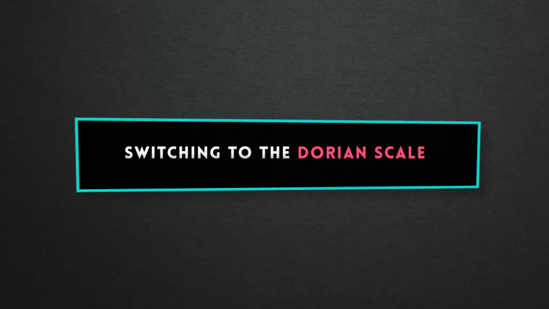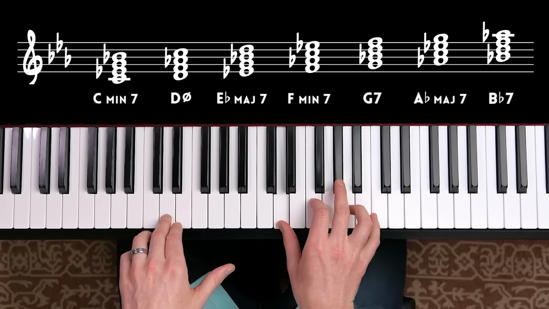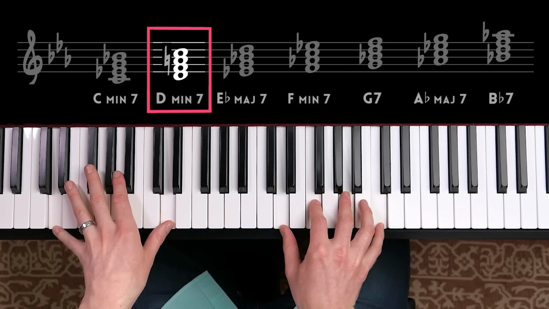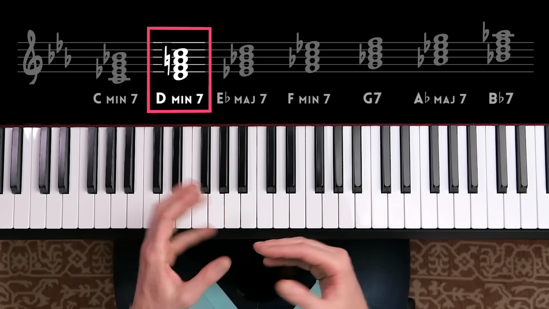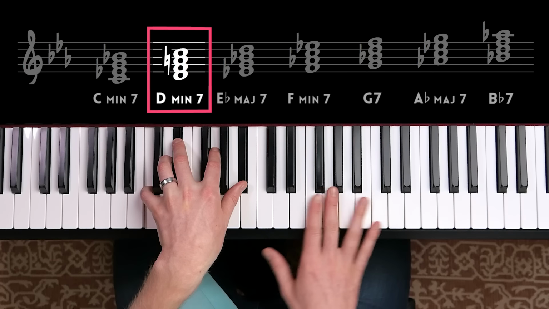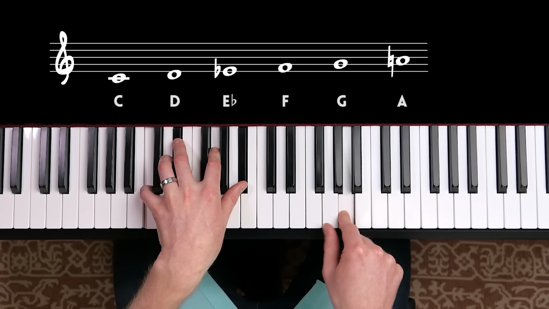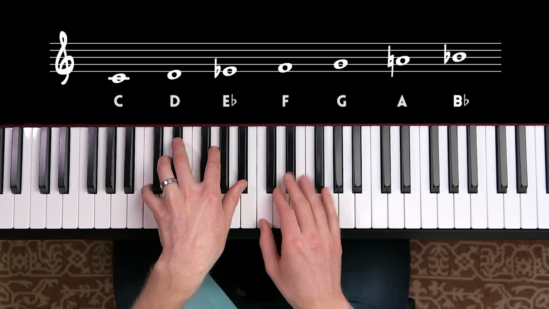Another chord which you might like to change from time to time is the 2 chord. So we have this half diminished chord. Sometimes you might want to make this a minor 7 chord. You get this sort of Dorian sound. So the Dorian scale is the minor scale up to the 5th, but then it has a major 6th and then a minor 7th.